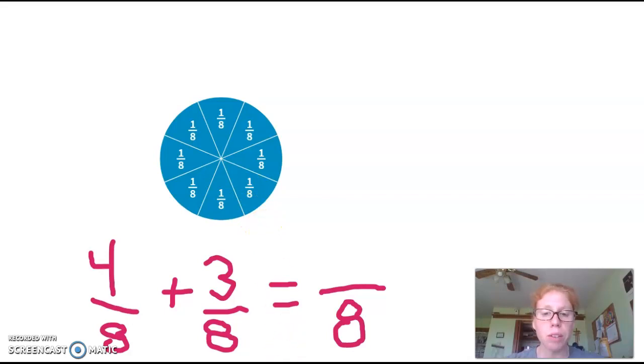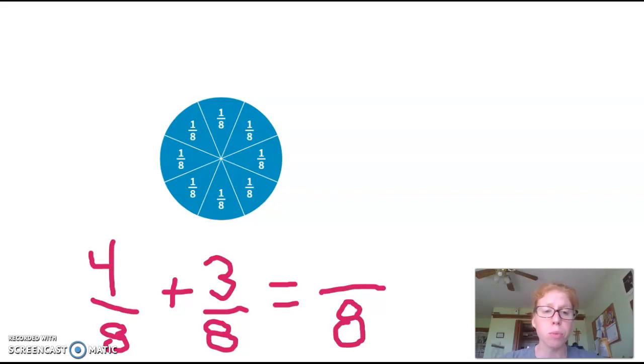So now all we need to do is add up how many pieces of 8. And if you had your fraction tiles out in front of you, you could just lay down 4 pieces of 8 and then add 3 more. But right now we're just using numbers because it's just as easy for us to do that because we're working within the same denominator.